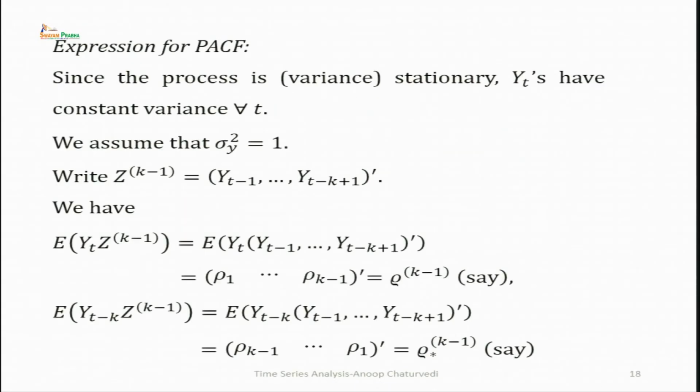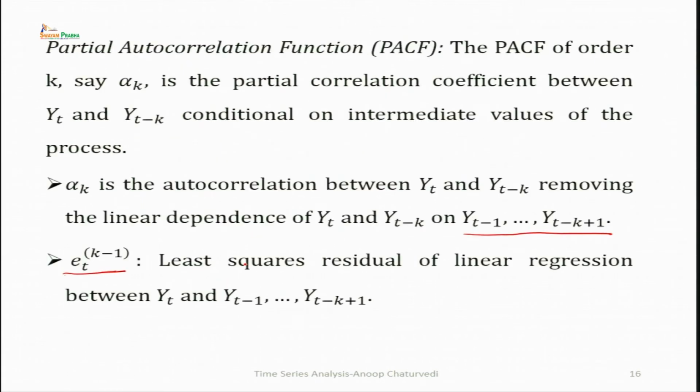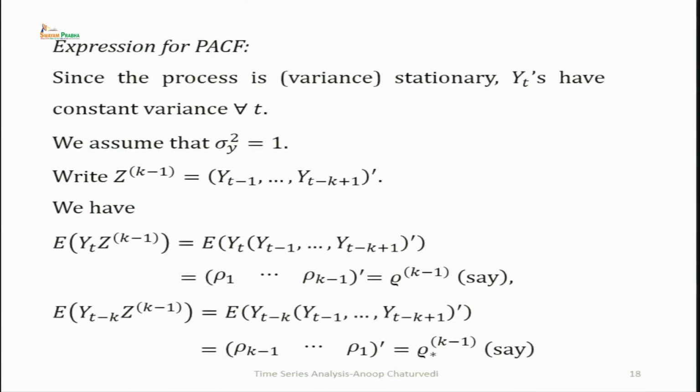Now, we derive the expression for the partial autocorrelation function. So, for deriving the expression for the partial autocorrelation function, naturally you have to obtain these two residuals, E t k minus 1 and E star t k minus 1. You obtain these two residuals and then you find out the correlation coefficient between these two residuals.